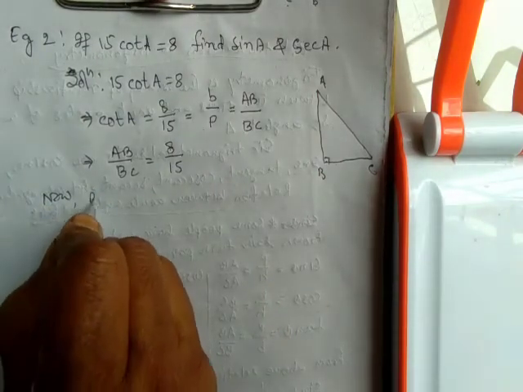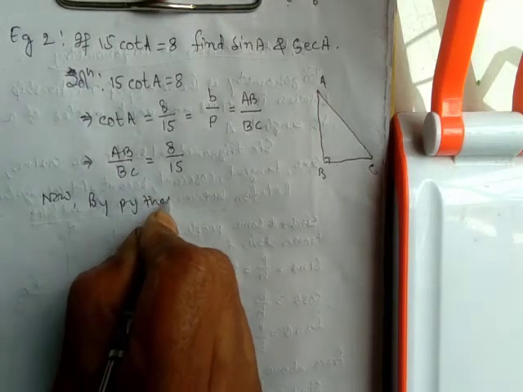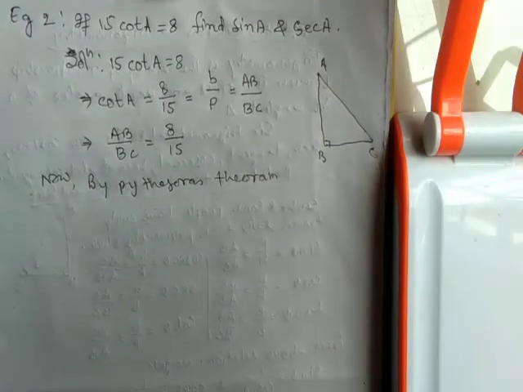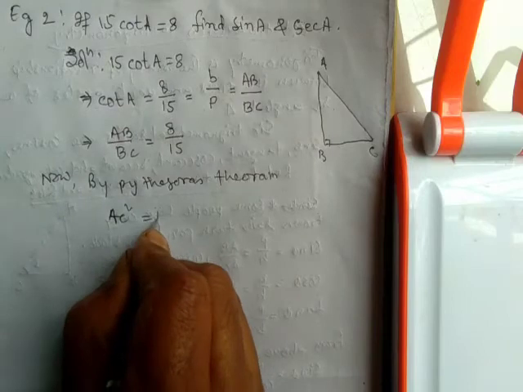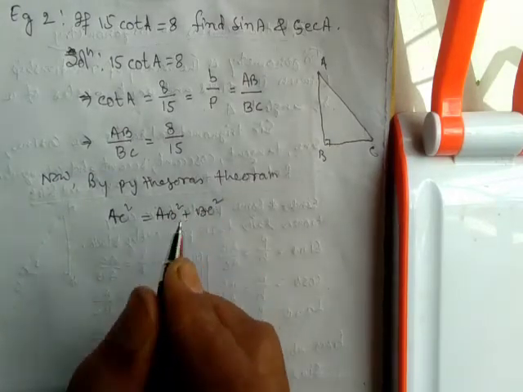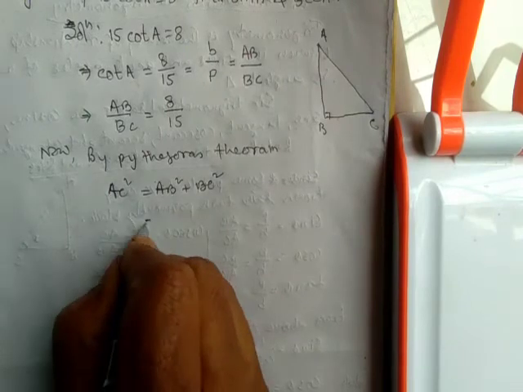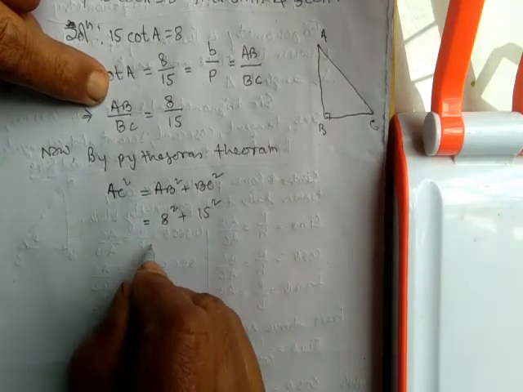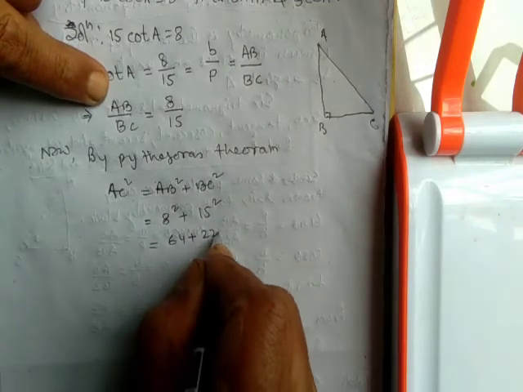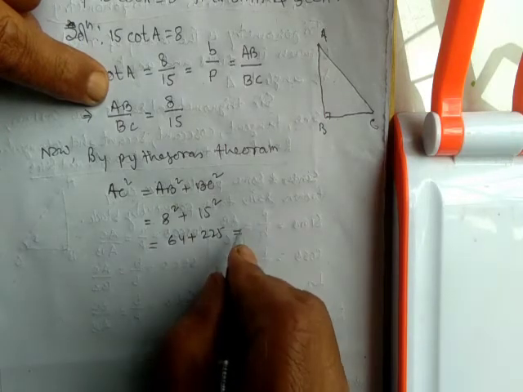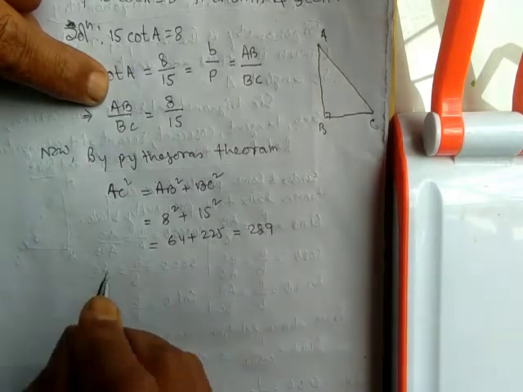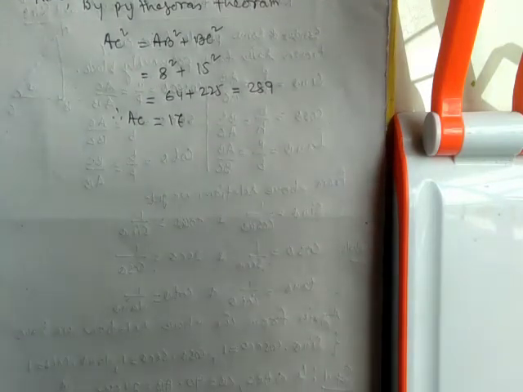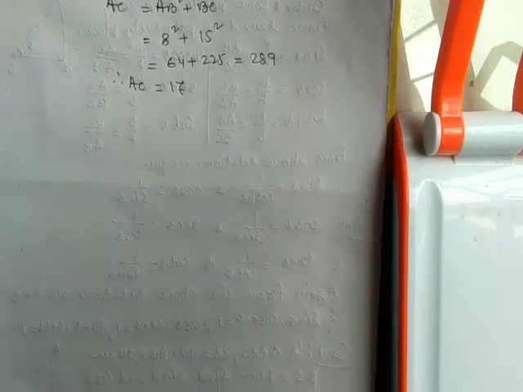Now, by Pythagoras theorem on this triangle ABC, I have AC square is equal to AB square plus BC square, which is 8 square plus 15 square, which is 64 plus 225, that is 289. Therefore AC is equal to 17.